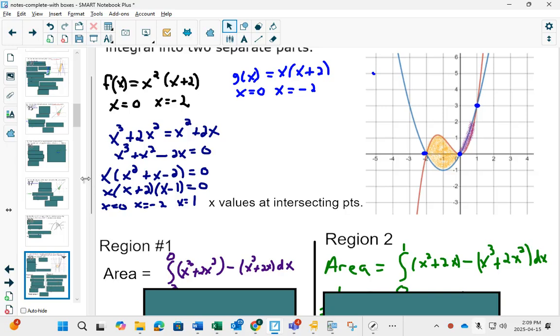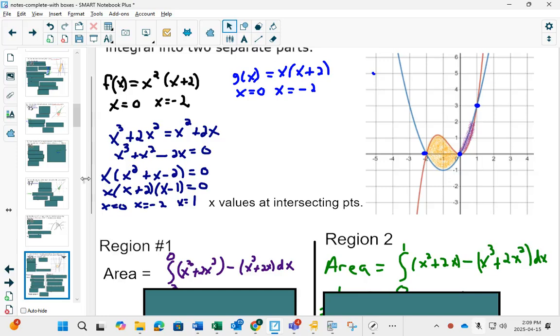But in region 1, the red graph is on the top and the blue graph is on the bottom. In region 2, the blue graph is on the top and the red graph is on the bottom. So notice how the subtraction is a little bit different because it's either A minus B or B minus A. Not crazy hard, right?